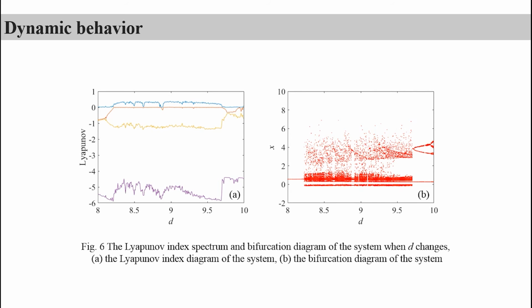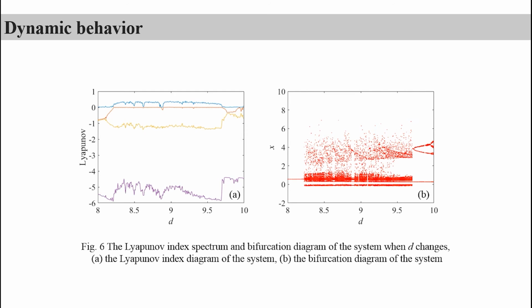With the increase of D, when D is this, the system enters a chaotic state. At this time, the Lyapunov exponent of the system is this. When D is 8.623, the system behaves as a periodic state, in the periodic window, and the Lyapunov exponent at that time is this.